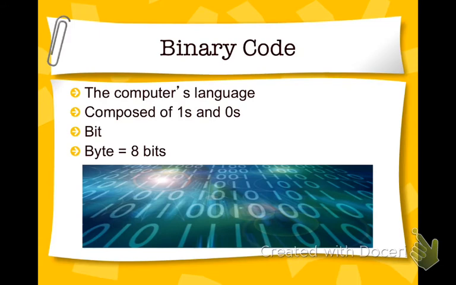Okay, I want to talk about binary code real quick, because it's very, very important to understand it. This is the only way computers can talk to you. It understands nothing more than a 0 and a 1 put into a sequential format that only the computer understands.